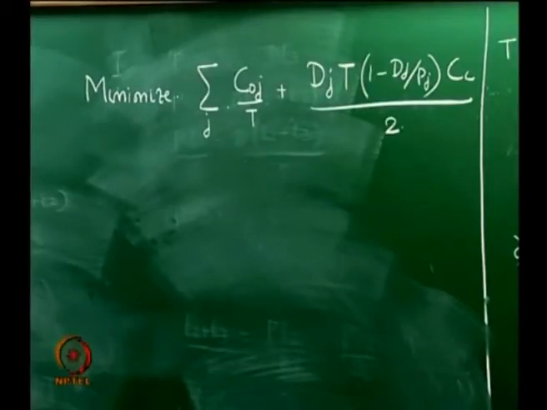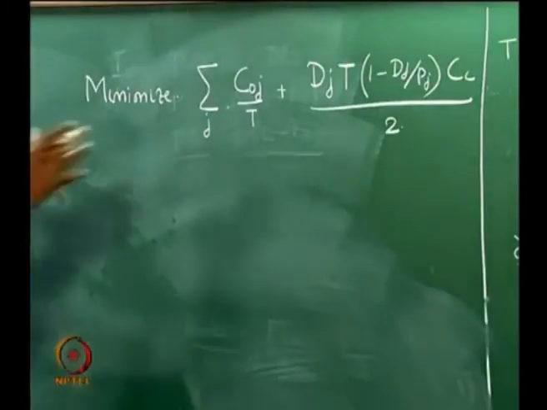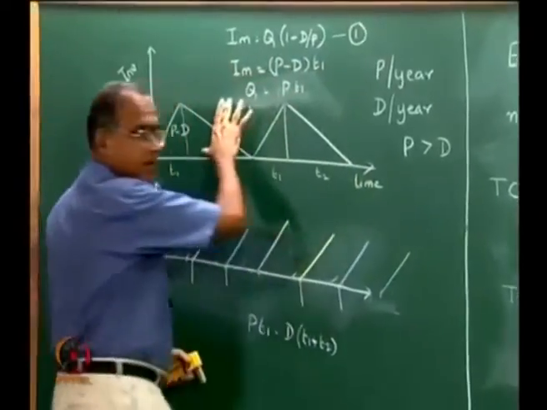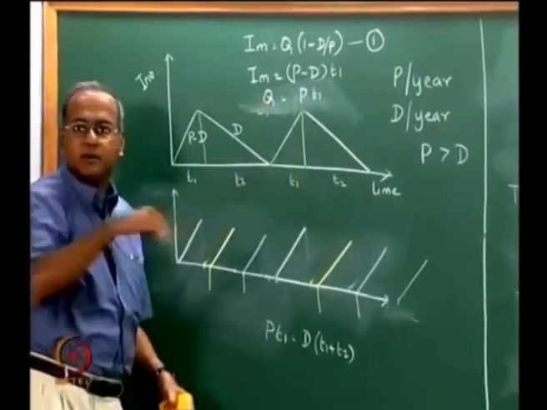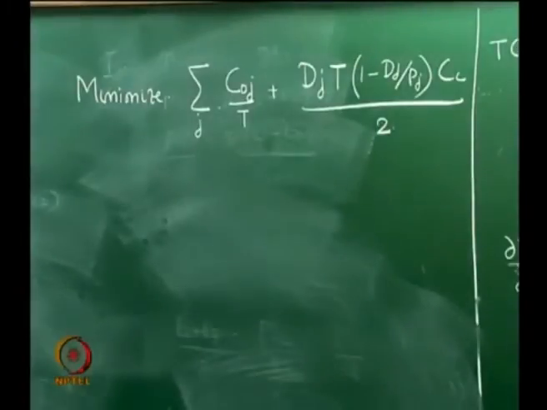So, we want to find out a T such that we minimize this. Actually, we observe that what we have written here is very similar to normally writing D by Q into C naught plus Im by 2 into CC. That is what we have done here, except that we have written it in terms of capital T.